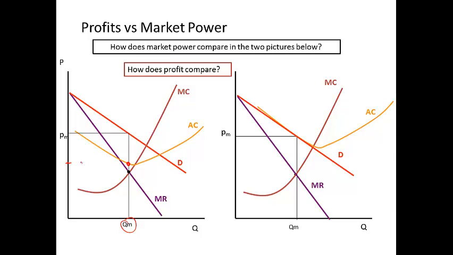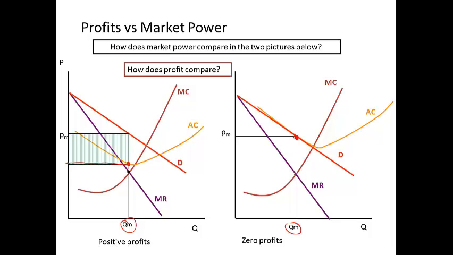And so the average cost is right there, and there are profits. Whereas in the diagram on the right, the average costs at QM are actually equal to the price being charged. So there are no profits. Or to do it with a little bit less freehand, the shaded green region on the left is the positive profits. And on the right, we have 0 profits.